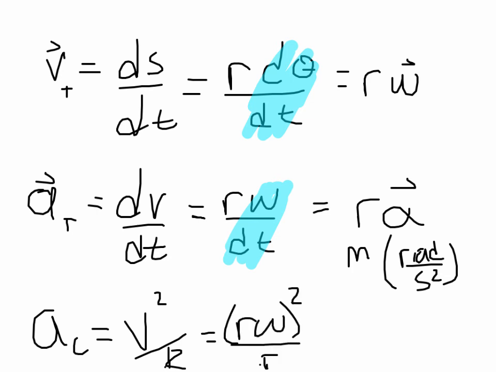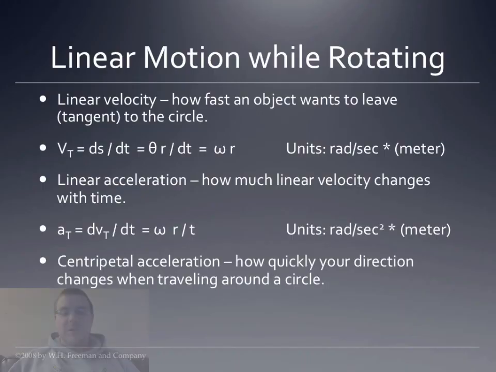So when we do this, you'll get r squared omega squared on top, which will leave you r omega squared. And if you check the units on that for centripetal acceleration, omega is radians per second, but now you're squaring that, so radians squared per second squared, and the meter still replaces the radian squared. So you will still get, for centripetal acceleration, meters per second squared.